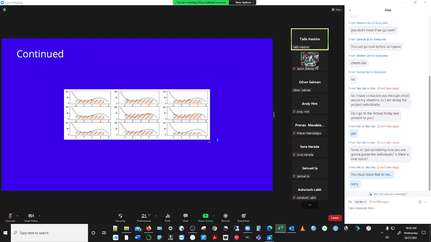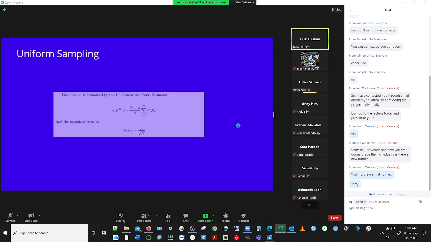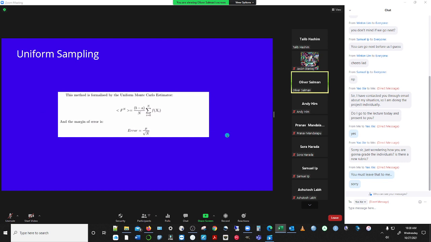Going on to our next slide, this is the formalized uniform Monte Carlo estimator, where you have our width and our number of function evaluations multiplied by the sum of our integral, and our margin of error being the standard deviation over the square root of the number of function evaluations.